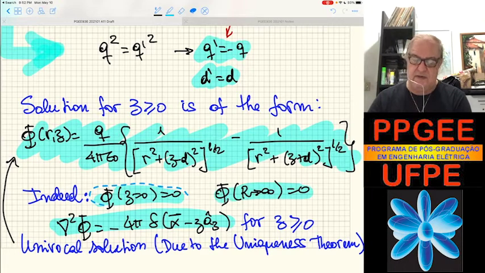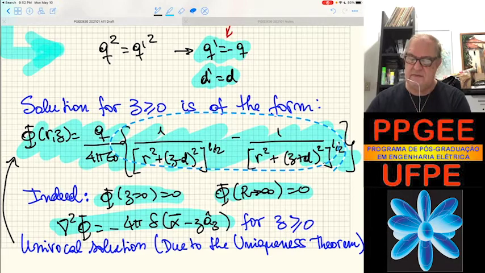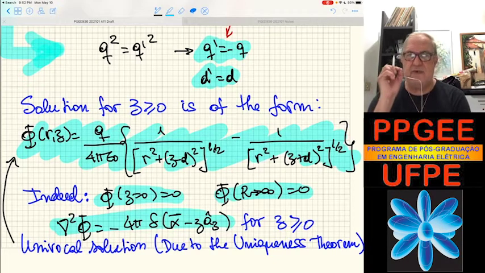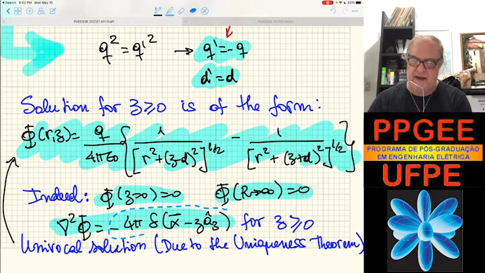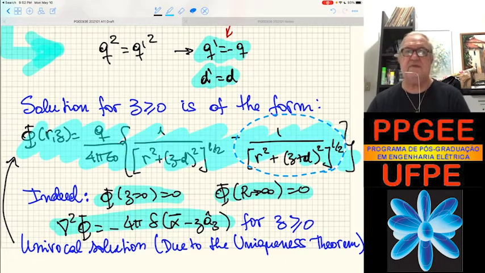Potential at z equals 0 is 0, because this term equals that one, so this whole thing goes to 0. And the Laplacian of the potential is that due to a point charge at z equals d, which is minus 4 pi delta function of x minus d a_z, because the other doesn't contribute to anything in the upper half space.